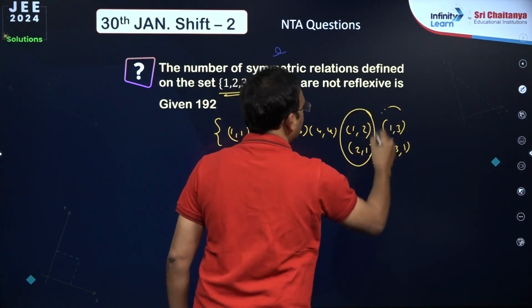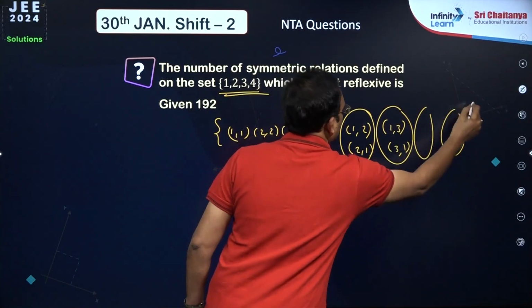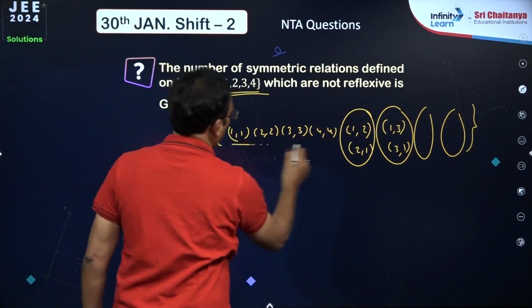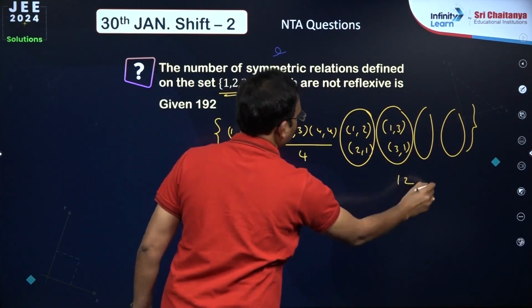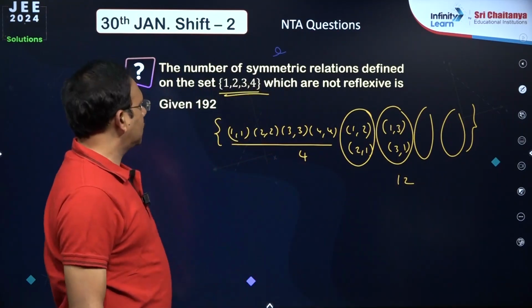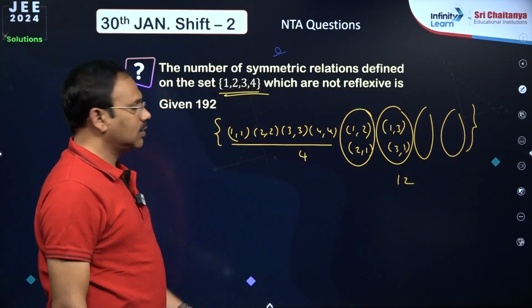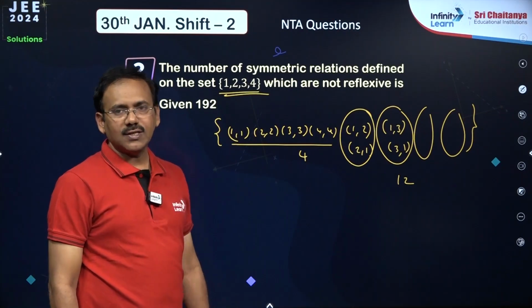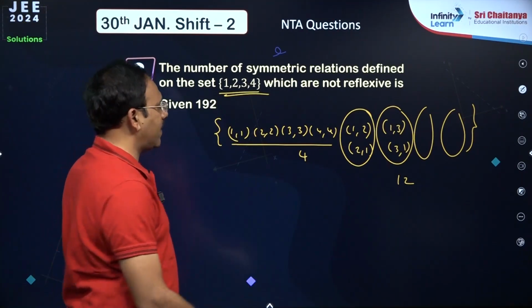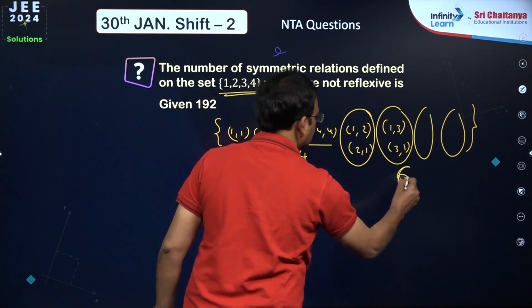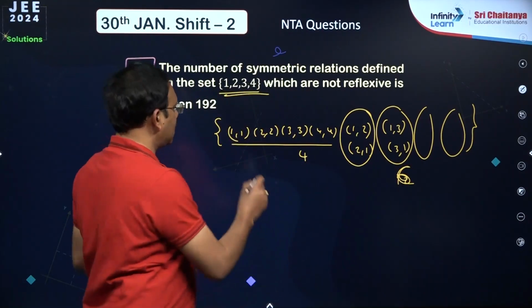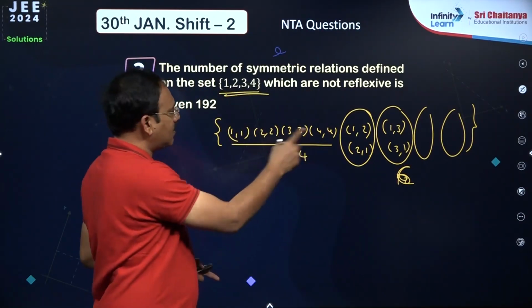Out of all 16, 4 are identical and 12 remain, which means you are going to get 6 pairs altogether.